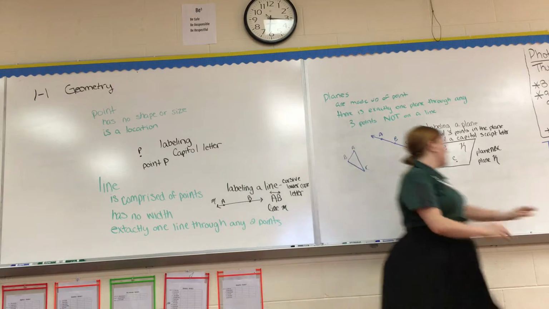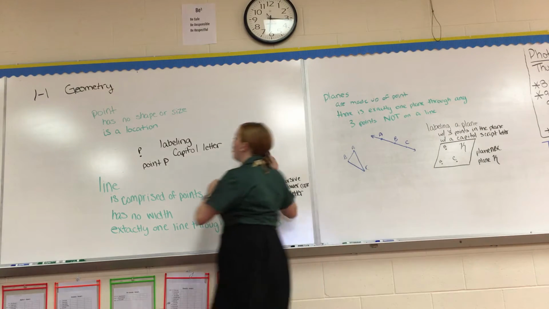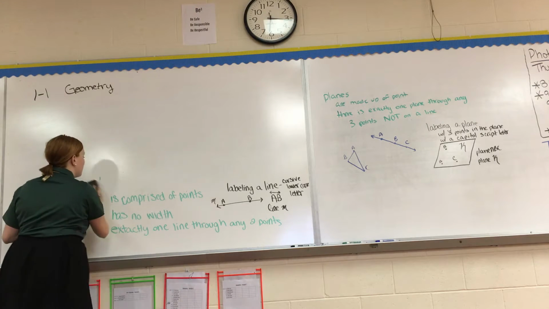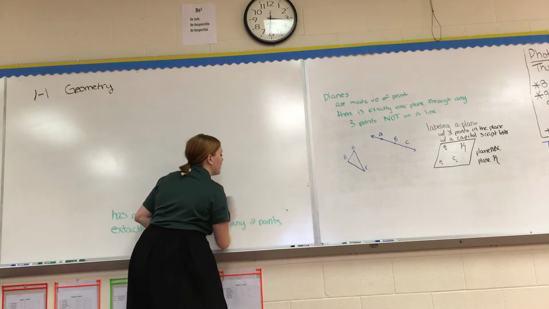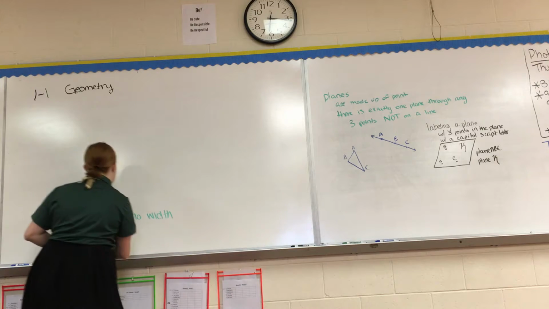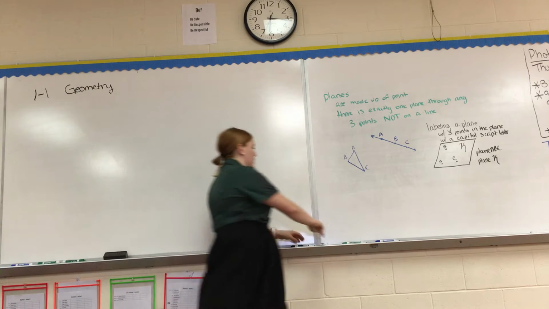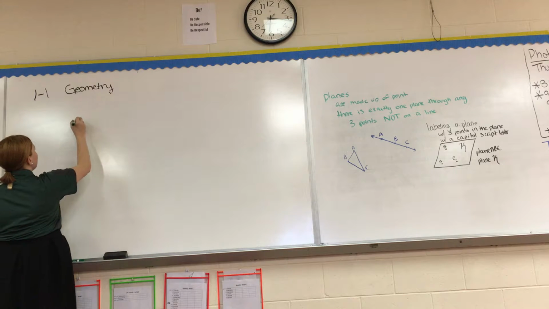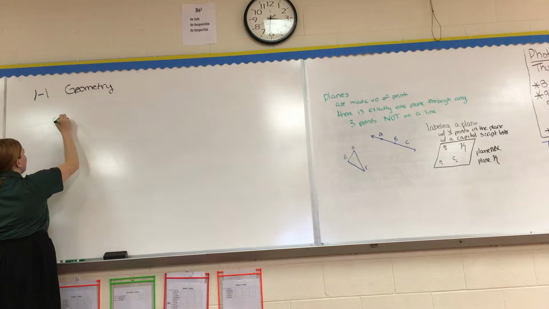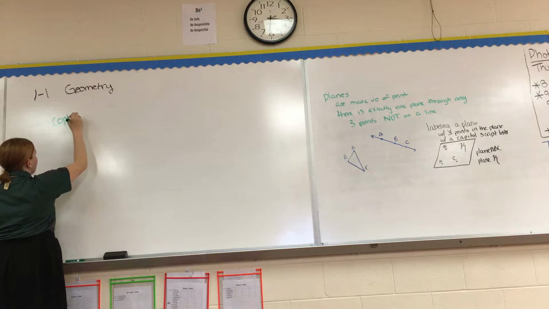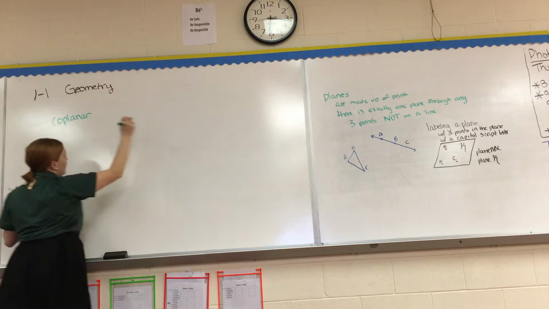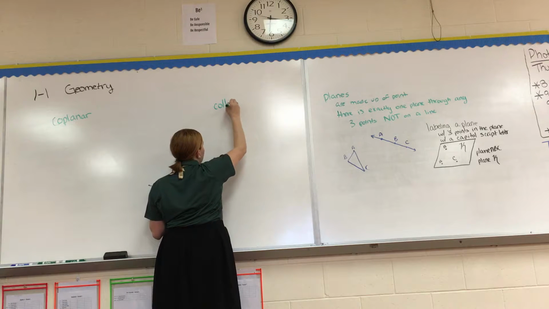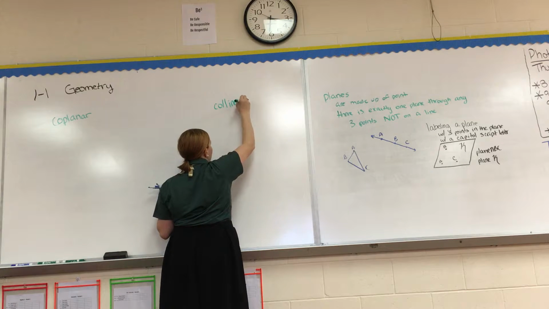Now, we are going to talk about coplanar and collinear. Now that we know what a line and a plane are, we're going to talk about what that means. We're going to start with collinear because we started with lines.